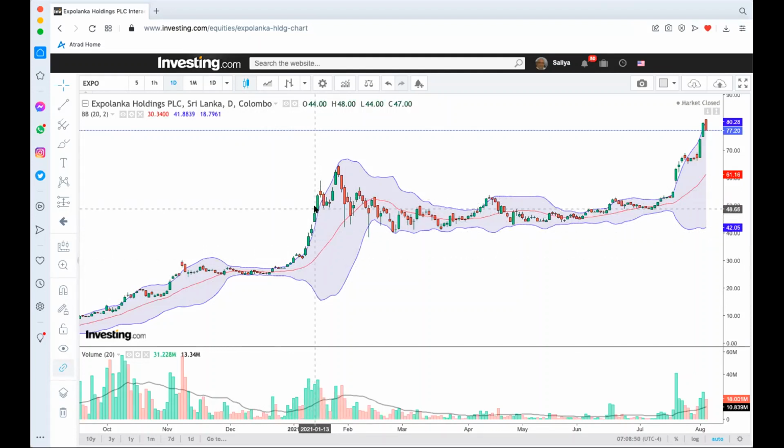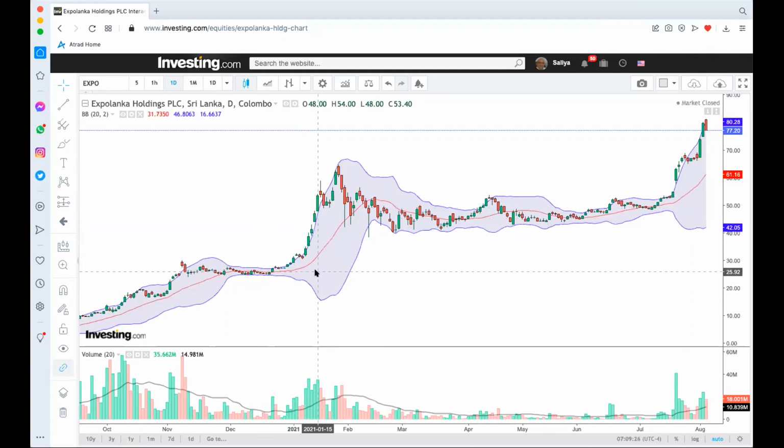Now, some people think that this is an indication of the prices coming down. It's not the case. We are not using the Bollinger Bands to understand whether the prices are reversing. When the prices are moving away from the Bollinger Band upper line or the lower line, it doesn't mean that the security is turning to the opposite direction. That is not the case.